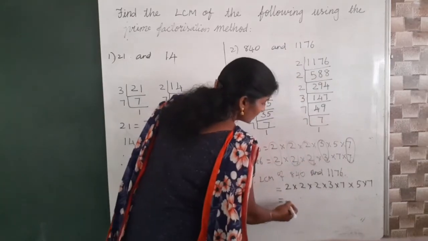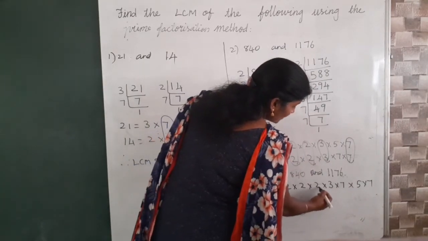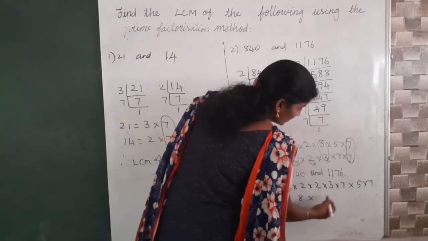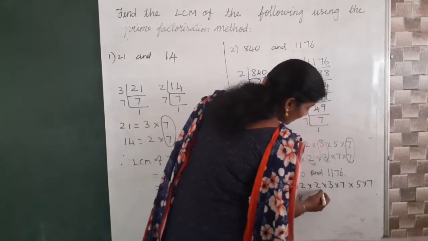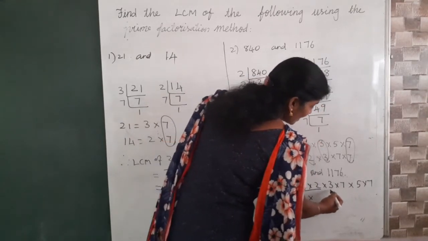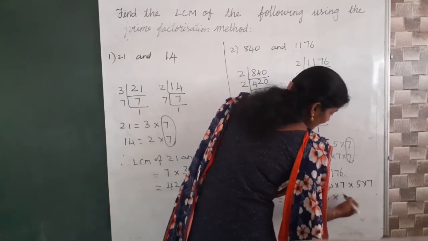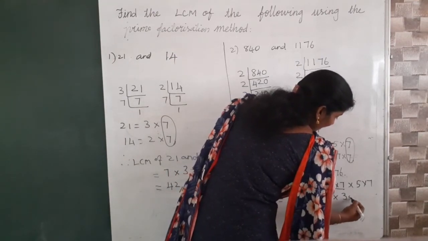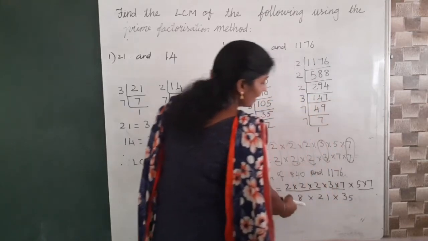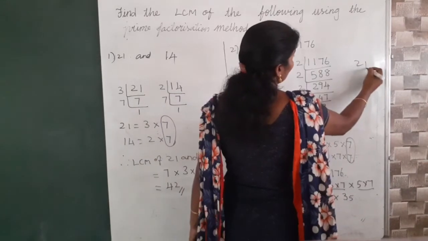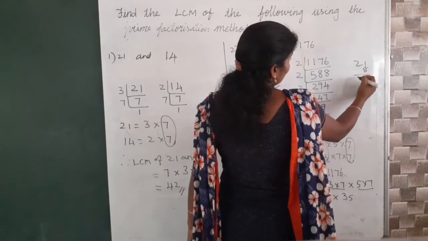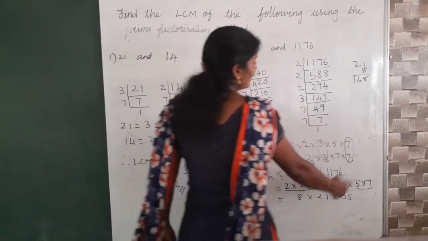Equal to 2 2s are 4, 4 2s are 8, into 7 3s are 21, into 7 5s are 35. Now we multiply 8 into 21, that is 168, into 35.